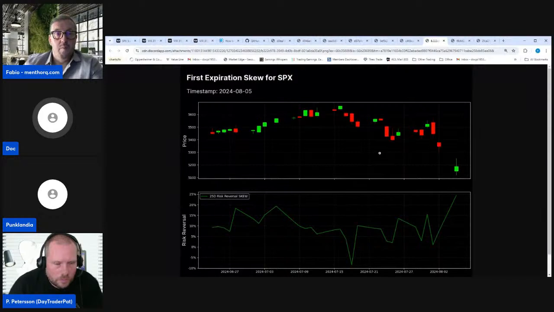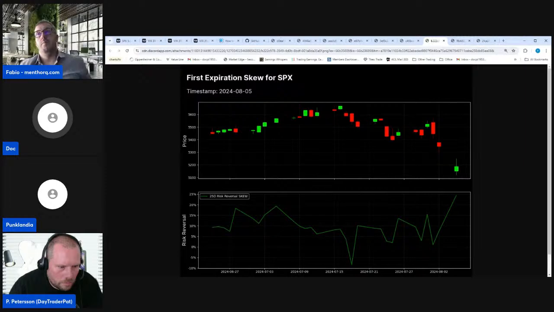Here's the same skew that Fabio was showing, showing that the demand, the price of options, is expensive. Now remember, volatility goes both ways. So calls are overpriced as well, which is why it's tricky.